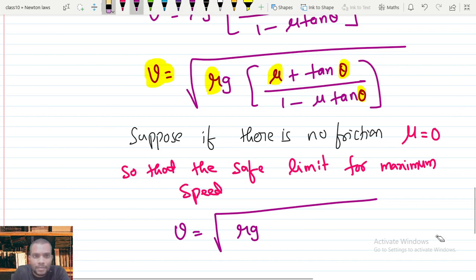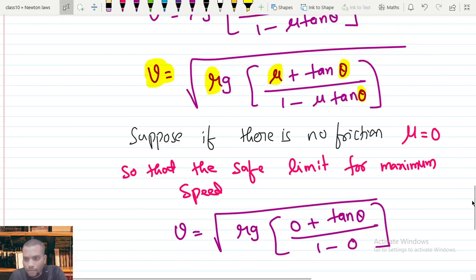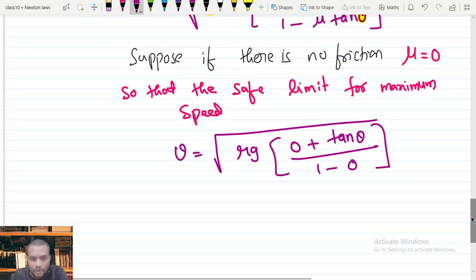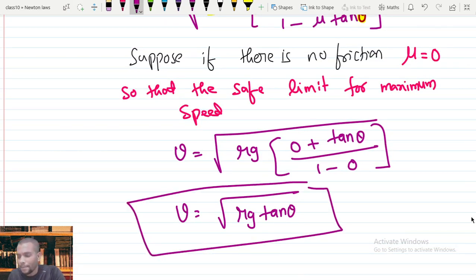So I get 0 plus tan theta upon 1 minus 0 times tan theta. Finally, we can write velocity v equals under root of rg tan theta. So this is the maximum velocity if the coefficient of friction equals 0.